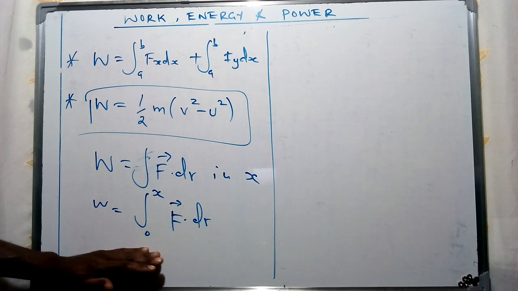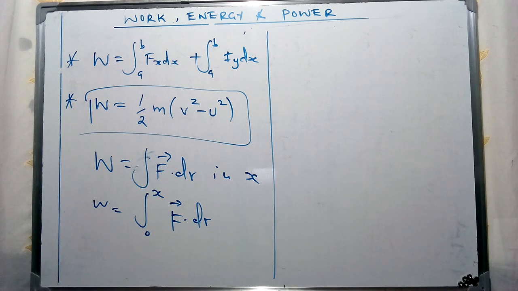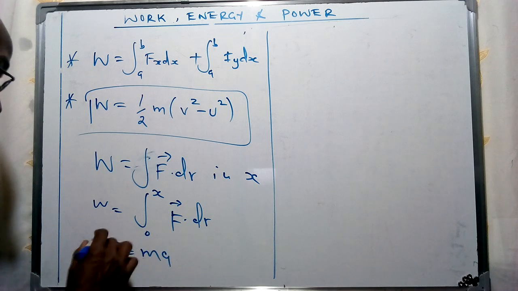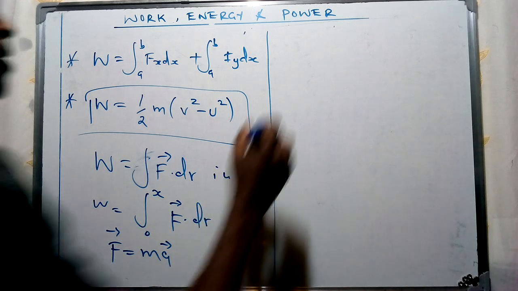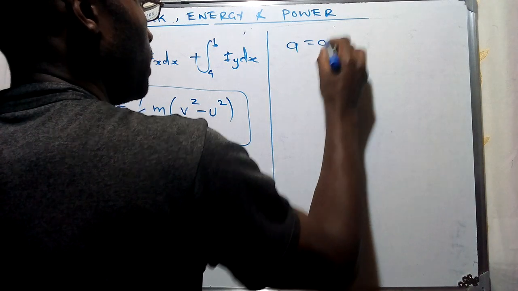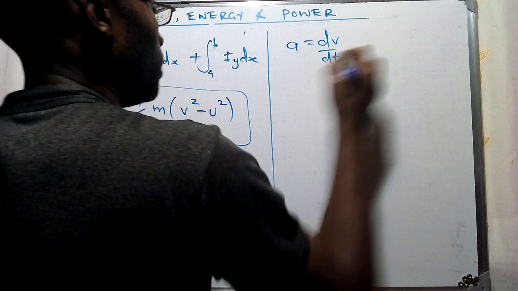So again, we're going to borrow from Newton's second law of motion, whereby we're going to have this force represented as a product of mass and acceleration given as that. So therefore, we're going to have this specific aspect of acceleration represented in terms of a change in velocity over change in time.